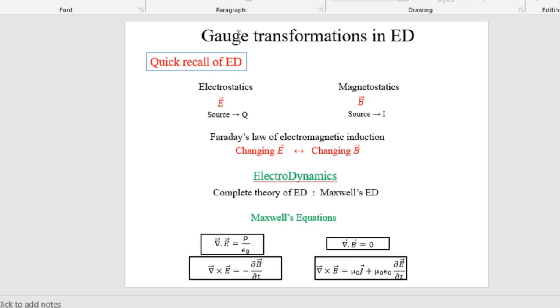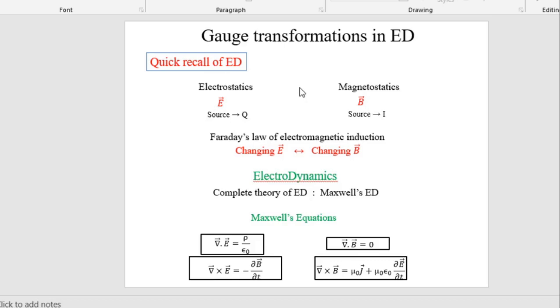And since the formulation of these gauge transformations was made in electrodynamics, it is also necessary for us to know about electrodynamics. Actually we all know about electrodynamics, but for assistance let us briefly recall the basic structure of electrodynamics.